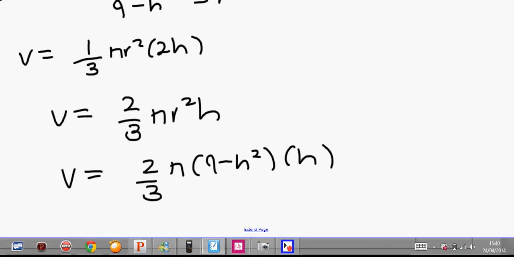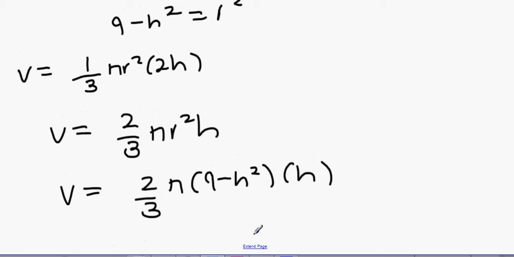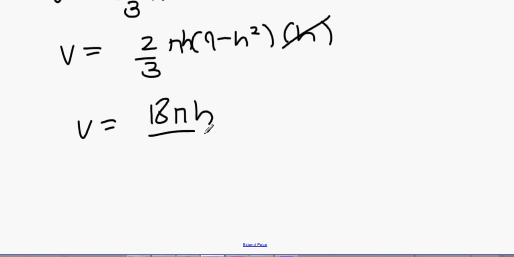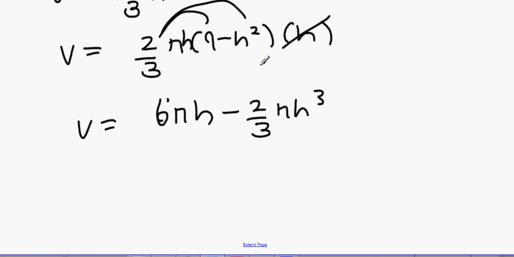So V is going to be equal to, bring the h to the front, multiply 9 by 2 pi, we get 18 pi h, and then minus 2 pi h cubed when we multiply them out.